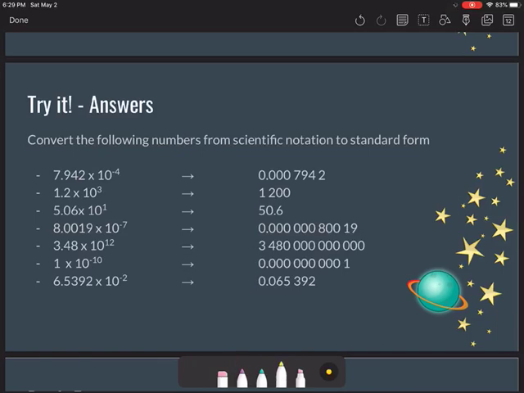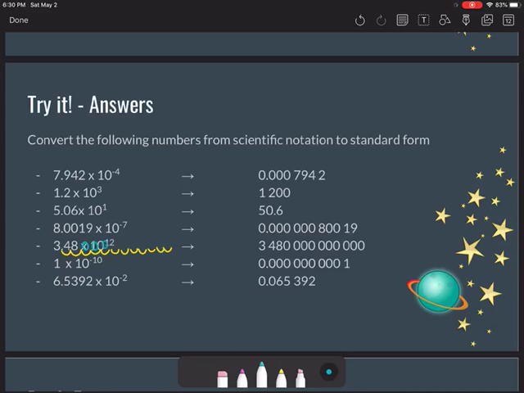I know when I go ahead and try these questions, I do show the little bumps. So if I was doing this example here, I have 3.48 times 10 to the power of 12. I'm moving it 12 to the right to end up with a big number. And I go 1, 2, 3, 4, 5, 6, 7, 8, 9, 10, 11, 12. And then I fill the missing spots with 0.